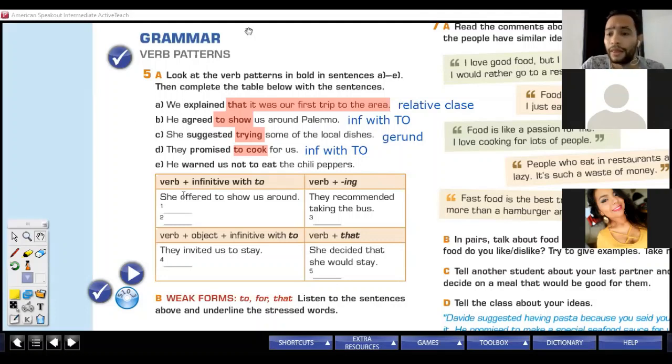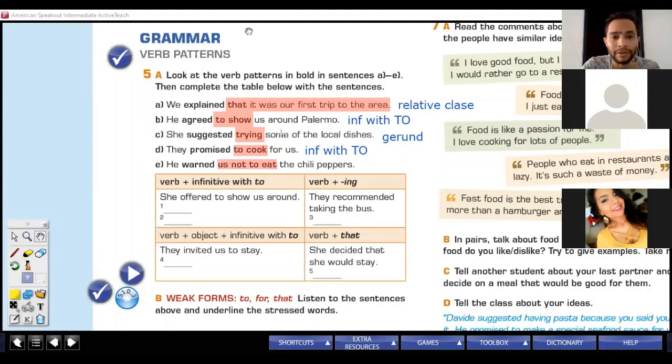Now we got this letter E. Now this is a different pattern, a little similar to letter D and letter B, but it has something extra. Now it says, "He warned us not to eat the chili peppers." Now what do we have here? The verb is warn, right? In the case of warn, what happens? After the verb warn, we get two things. What are those two things?